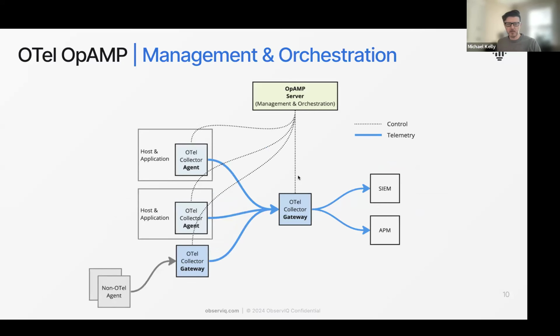And then the last component of this with OpenTelemetry is the OpenTelemetry management protocol, and that's OpAMP. This allows you to manage your OpenTelemetry collectors, manage the configuration. And when this starts to get very large, that's an important component to be able to see your observability pipeline or your telemetry pipeline at scale and understand what's happening at each stage.